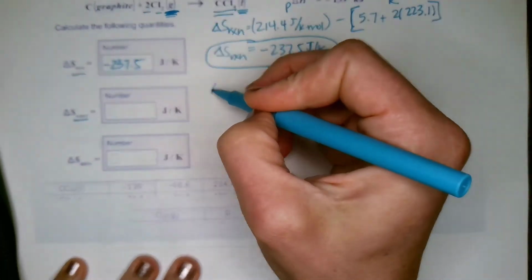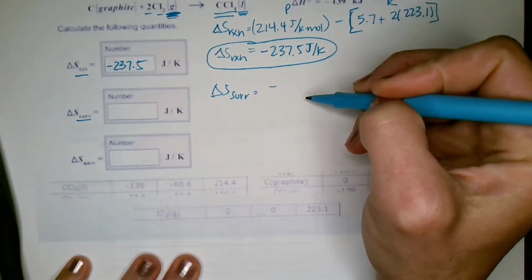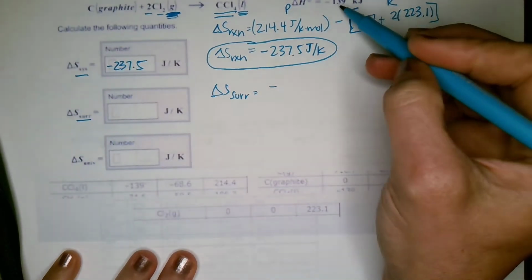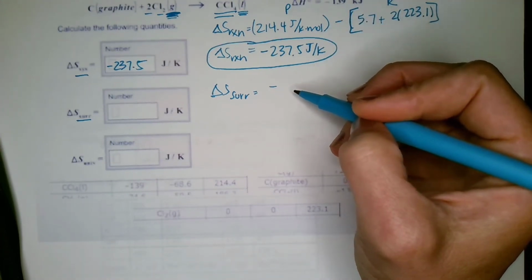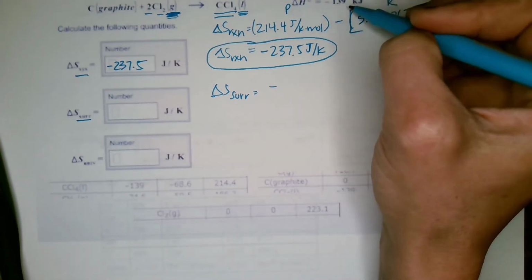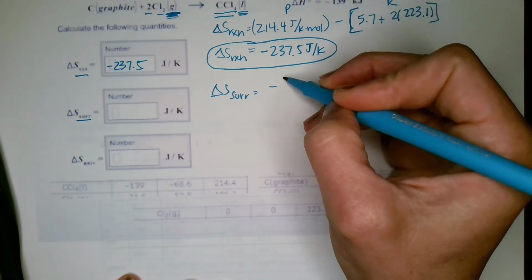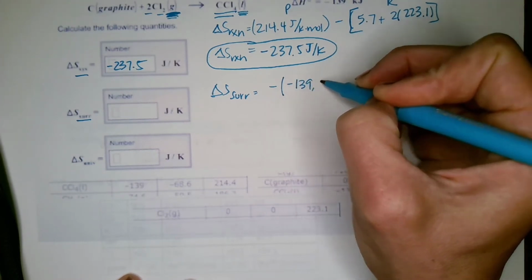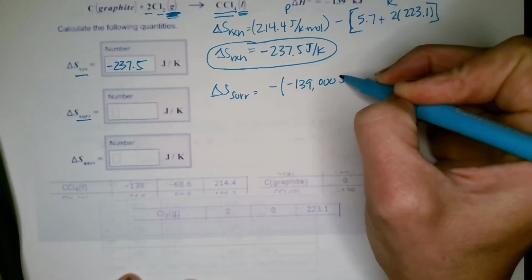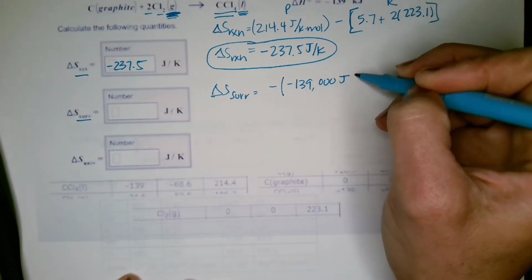Okay, now let's look at the surroundings. So our negative delta H, which was negative 139 kilojoules, let's just put it right into joules right off the bat. And remember that there's 1,000 joules in 1 kilojoule. So let's just make this negative 139,000. Instead of kilojoules, we're just going to make it joules.